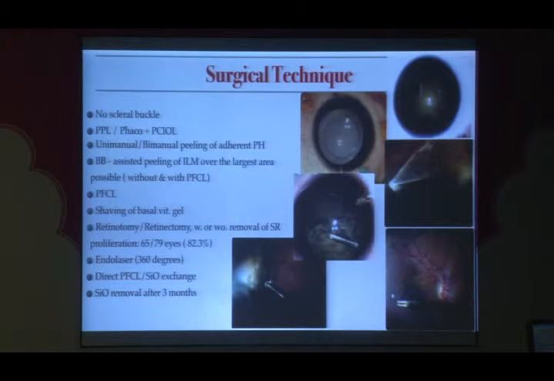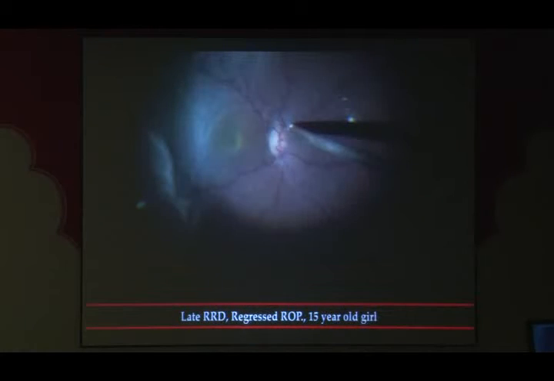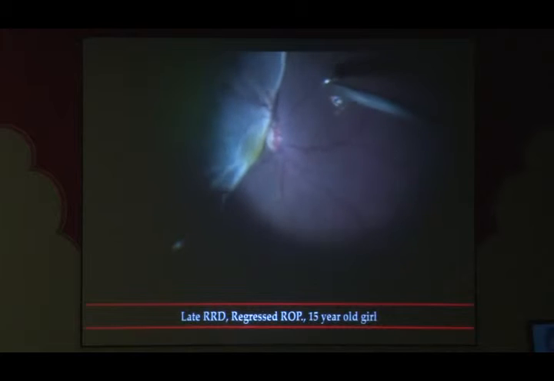And then PFCL is injected to stabilize the posterior retina, and we do meticulous shaving of the vitreous base. Retinotomy or retinectomy, when needed, is performed, sometimes with removal of the subretinal strands. Endolaser was applied for 3 to 6 degrees, then direct PFCL silicone oil exchange, and then silicone oil was removed after 3 months. Let's have a look at the cases.